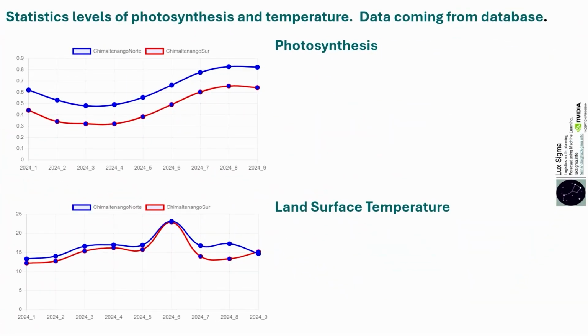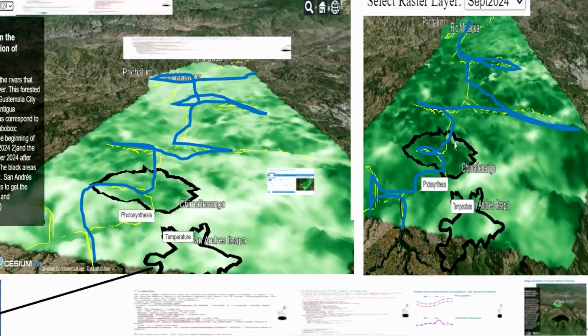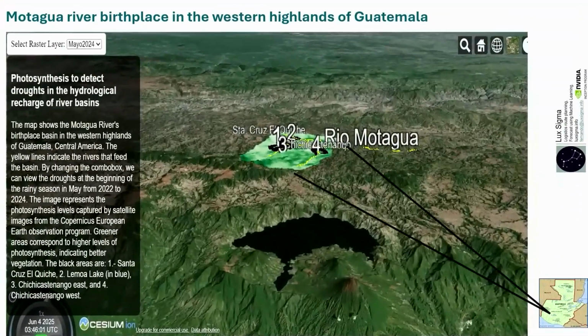Then the temperature and the photosynthesis are stored in a database that comes from our satellite images. We do a statistical analysis on the cloud, and then we display this statistical analysis from the images and the region that we are exploring. And finally, we have the region where this most important river of Guatemala is born.